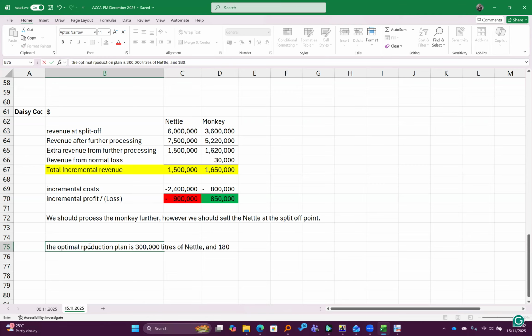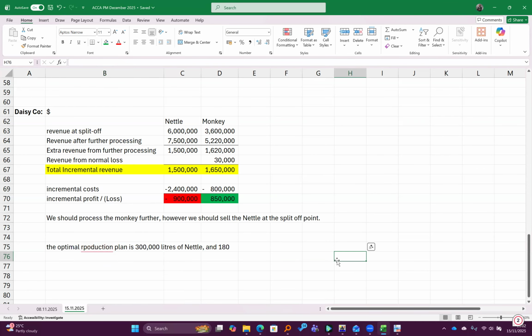and because we are losing 10% for Monkey, we are going to set 200,000 times 0.9.